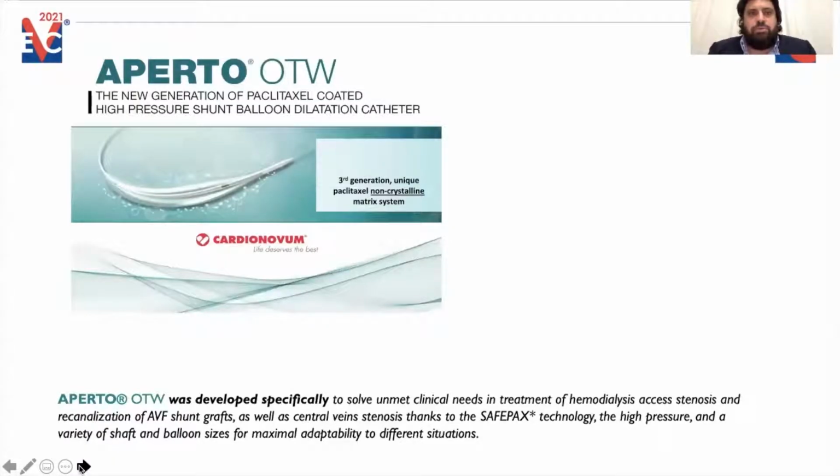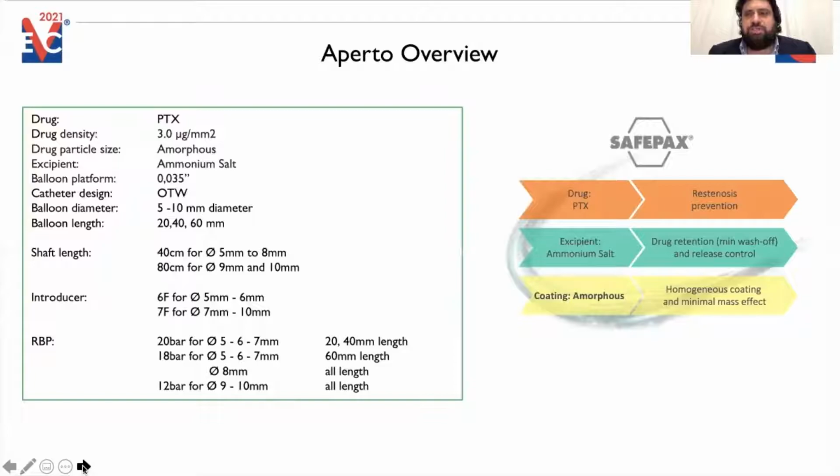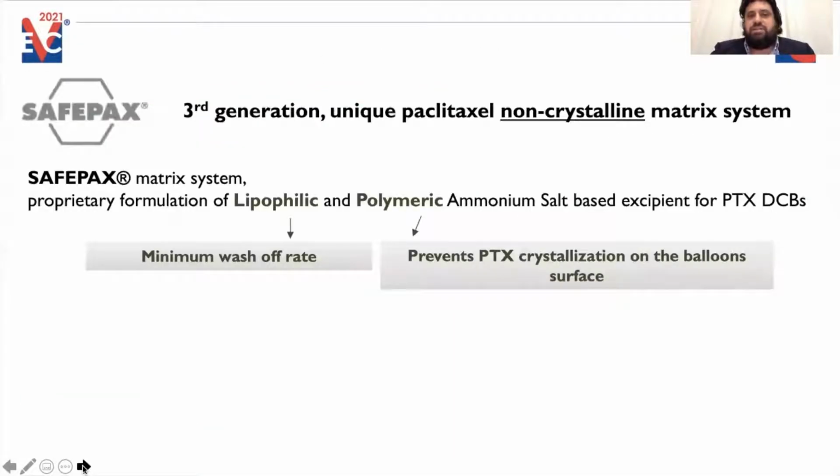Aperto drug-coated balloon is a new generation paclitaxel high-pressure balloon for the treatment of stenosis in EVCs. The drug is paclitaxel, 3 micrograms per square millimeter, but the revolutionary technology of the Aperto balloon is the SafePax matrix.